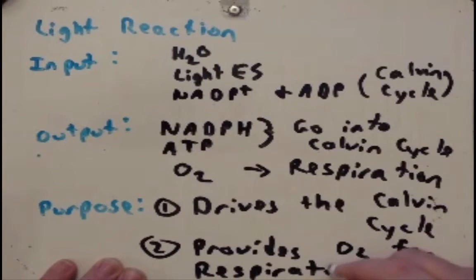This respiration can occur within the plant cells itself, or the oxygen can be released and taken up by a heterotroph. We'll make a similar list when we get to the Calvin cycle, but let's spend a little bit more time talking about the light reaction.